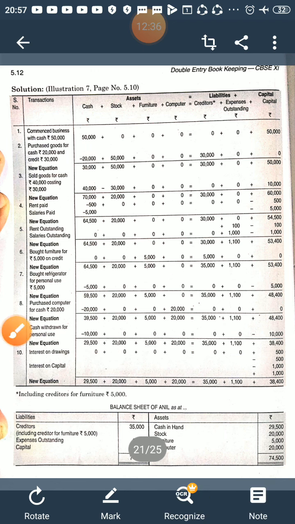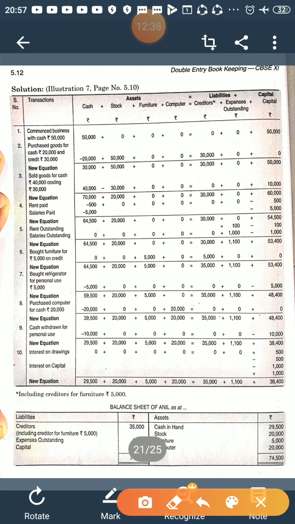Now next, interest on drawing, it's an income, so it should be added to the capital, and at the same time it also belongs to drawings, so drawing will be deducted from the capital. 500 added and 500 deducted. Same interest on capital, it's a loss for the business, so it should be deducted, 1,000 deducted, and at the same time it will increase the capital, so it will be added.